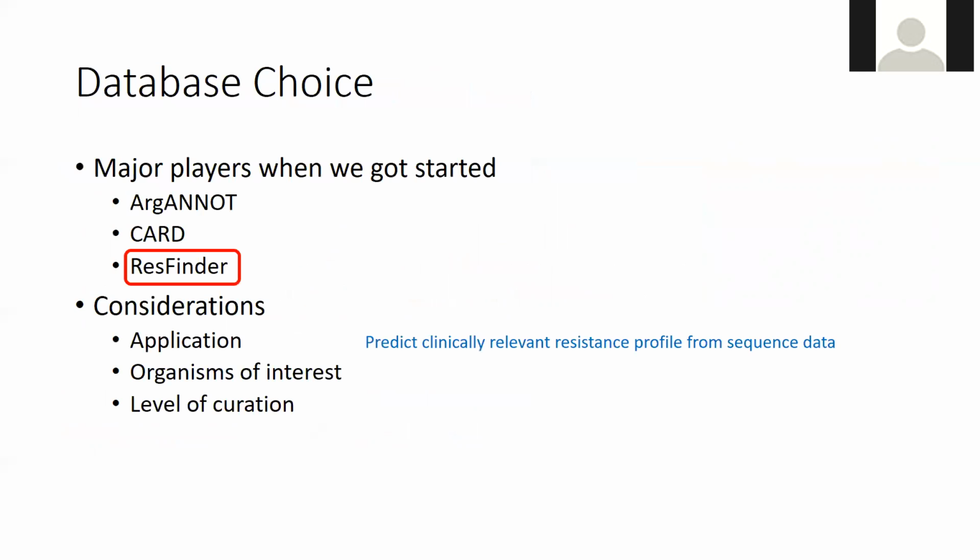We considered our application. What do we want to do with this? It really came down to wanting to predict clinically relevant resistance profiles from sequence data. We also needed to consider our organisms of interest. For our group, this is predominantly Salmonella, Shigella, and E. coli. We also do a little bit of Campy and Vibrio, as I mentioned previously.